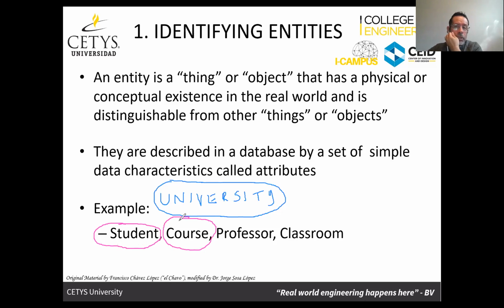That's a course in your academic program, and courses are in academic programs. A professor. Why? Because professors teach classes for students. So that's going to be an entity of this system. And classes are taught in a classroom, so this is going to be another entity.